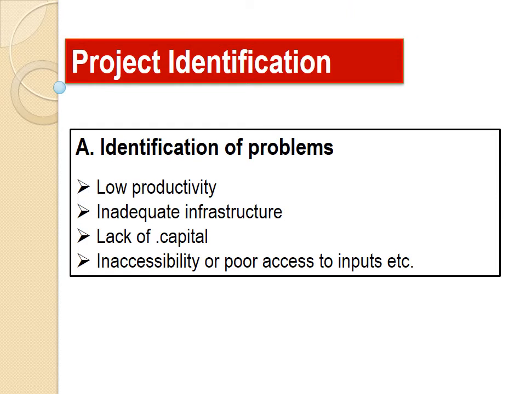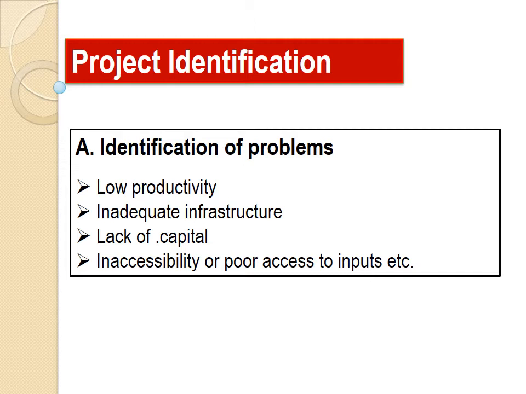Generally, ladies and gentlemen, project identification is carried out in three steps. First, the identification of problems in a particular area, local or regional, relating to the problems of the mass of people.